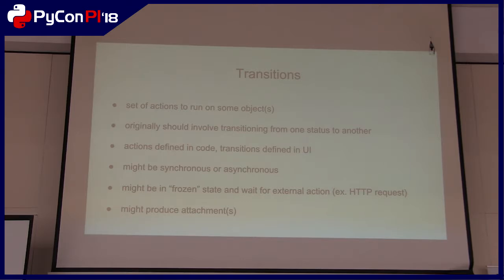We define actions in code, but we can select which actions will be executed in a single transition in the user interface. The transition might be synchronous or asynchronous. The synchronous transition is executed during processing of the HTTP request, and the asynchronous transition is processed in the background using RQ worker. It's something similar to Celery.